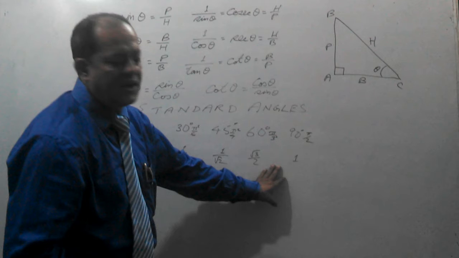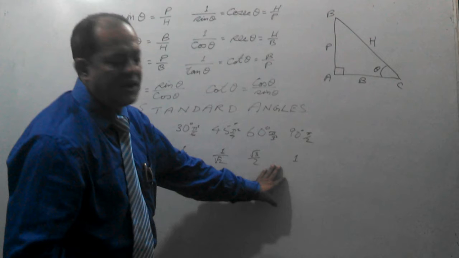So some of the identities. We have here sine square theta plus cos square theta is equal to 1.